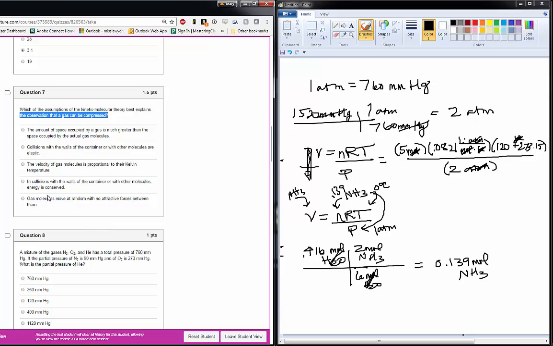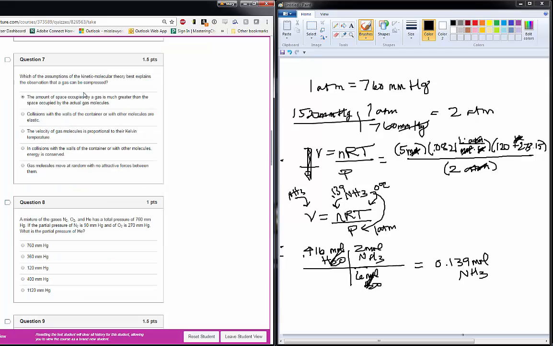And looking at each of these, the best one is this one, because the space between the gas molecules is much larger than the particles themselves. And it's that space, which is essentially empty, that is compressed. So that's the one that they're looking for. The rest of these really are all tenets of the kinetic molecular theory, but they don't explain why you could compress a gas.